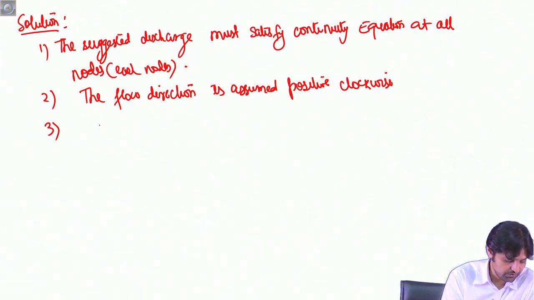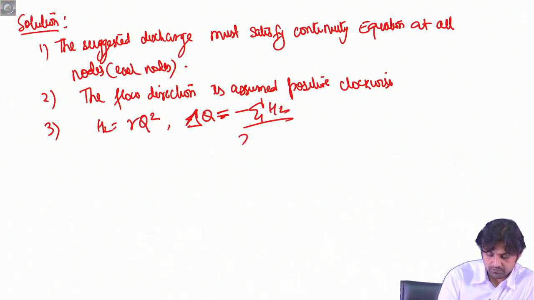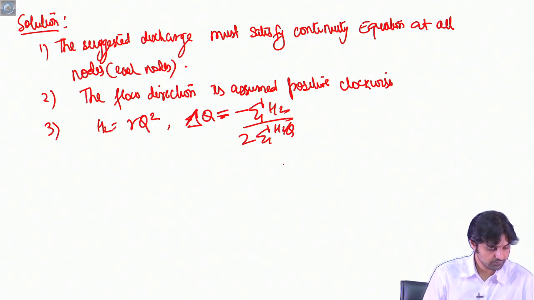Third is, you have to calculate HL as RQ square here, and we also have to calculate delta Q as minus sigma HL divided by 2 sigma HL by Q, all right.